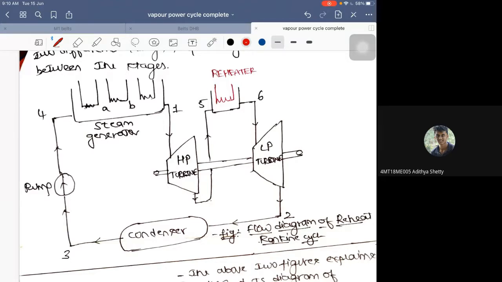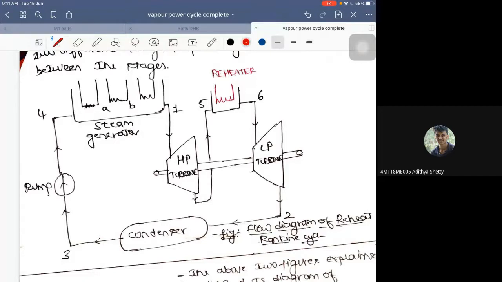This is how we achieved regeneration in the Rankine cycle. So any doubts in the regeneration part? No, sir.